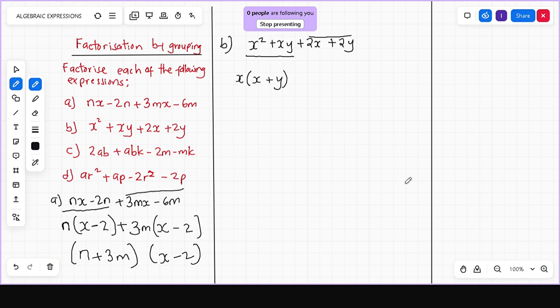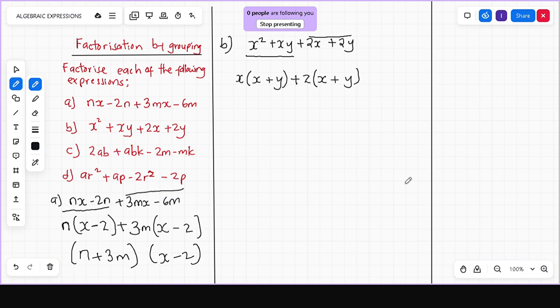Then this positive sign, plus 2x plus 2y. The common factor there is 2. Into bracket, 2x divided by 2, we have an x remaining, plus 2y divided by 2, that is a y. Now whatever is inside the bracket here is x plus y.